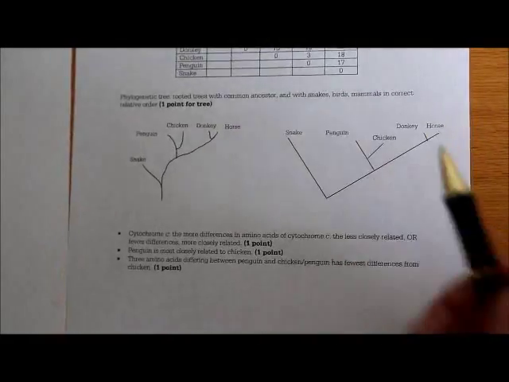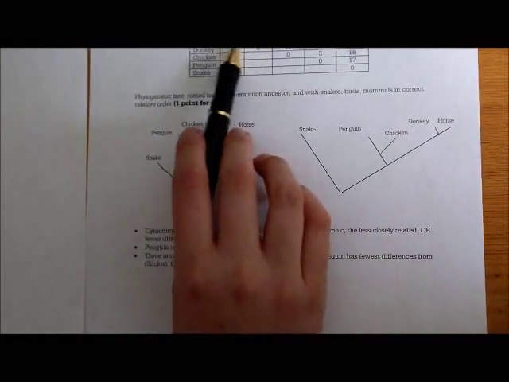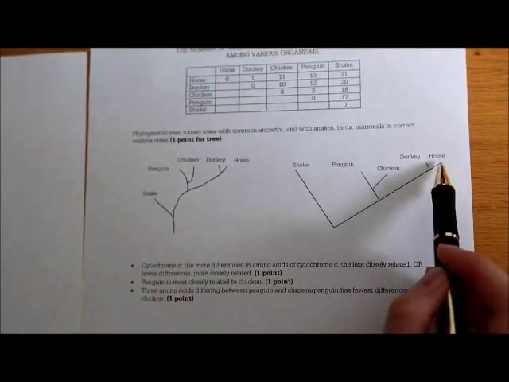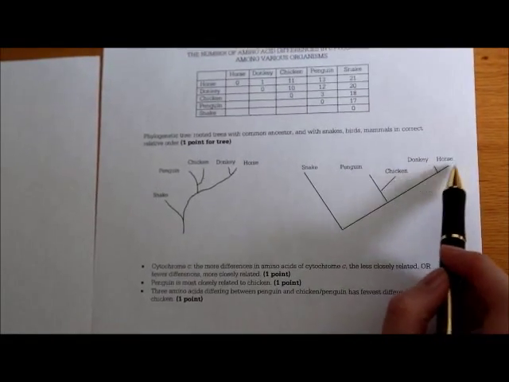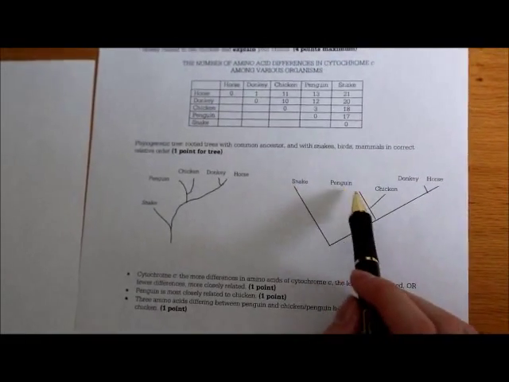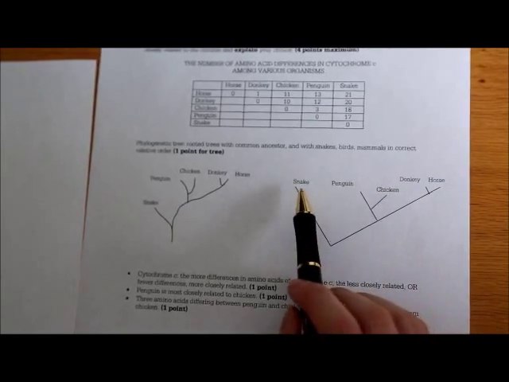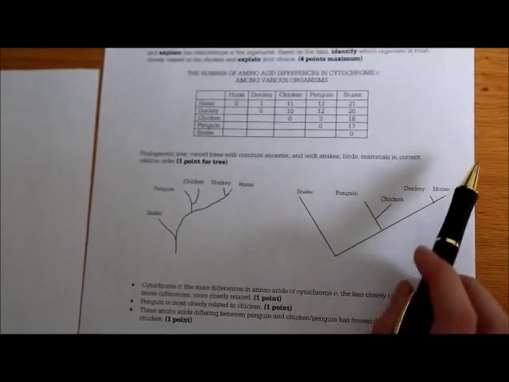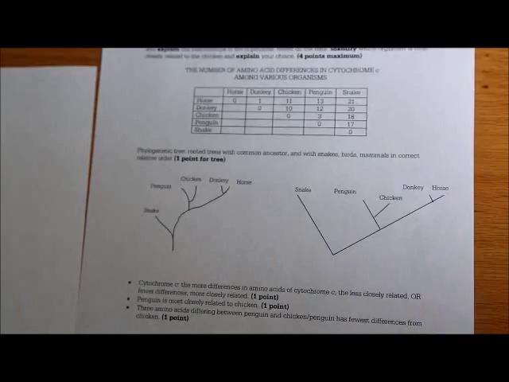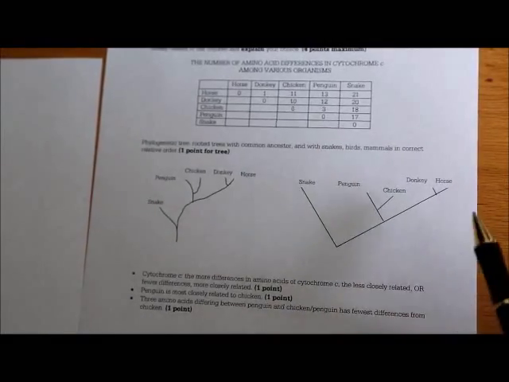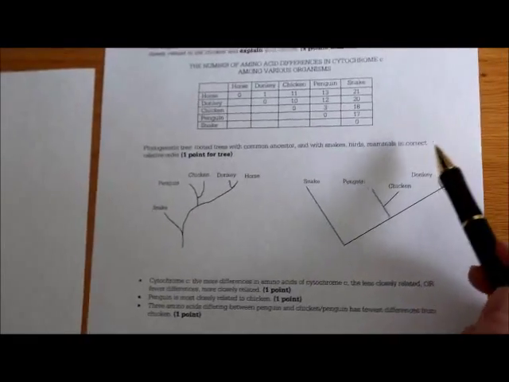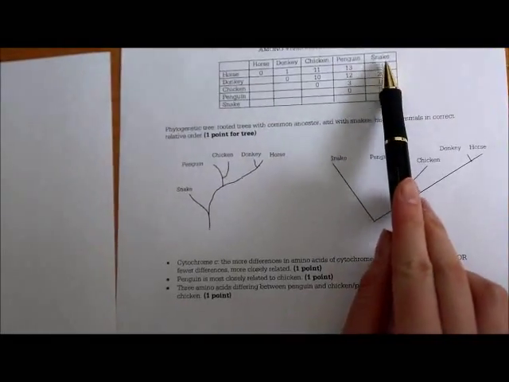For example, the donkey and horse are pretty much interchangeable between the 2 branches, so it could be snake, penguin, chicken, donkey, horse, or snake, penguin, chicken, horse, donkey. Either way, you get that first point by acknowledging that the snake has the most differences with all the other animals.